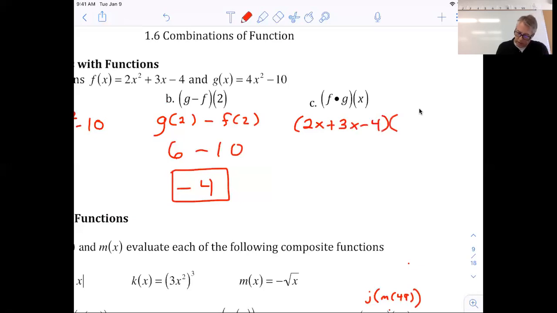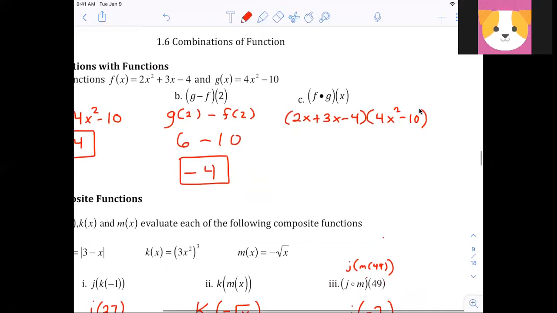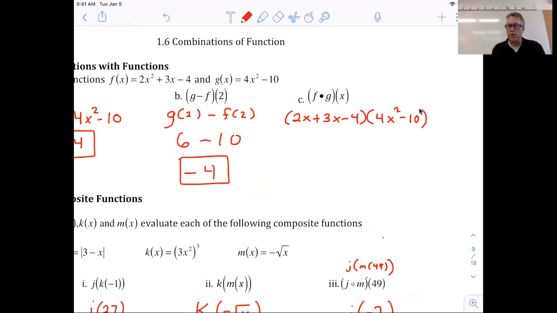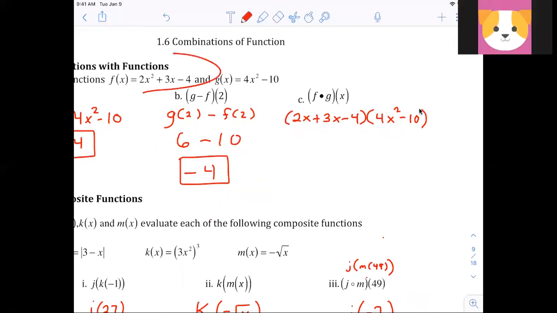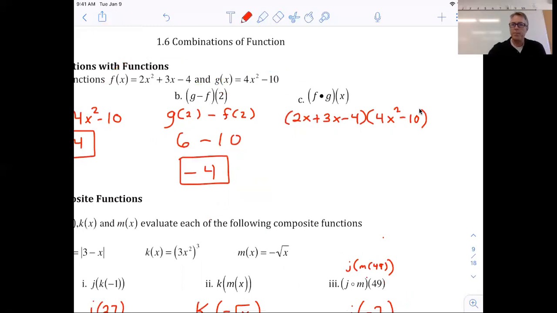And then that's going to be times g of x, which is 4x squared minus 10. I got to do some ugly foiling here, but before I do that, let me know if I'm going too quickly. So I'm just going to multiply f times g in that case, okay?